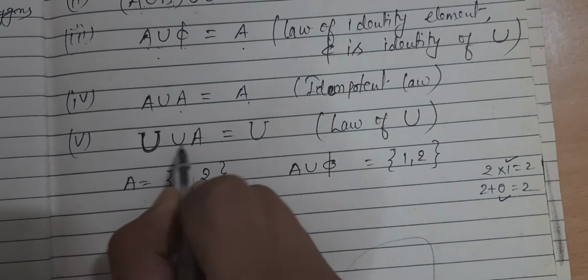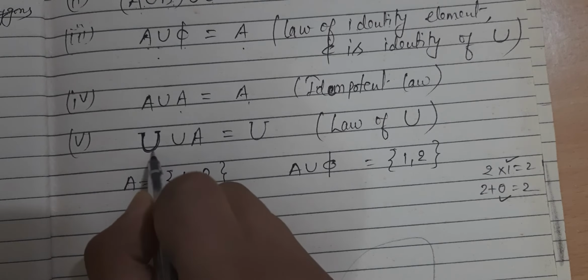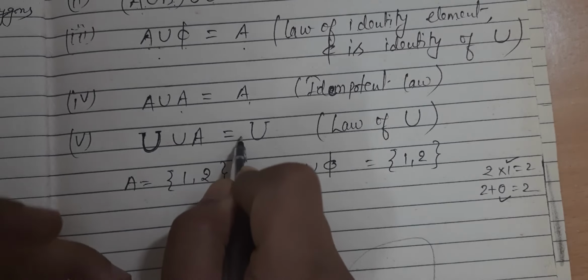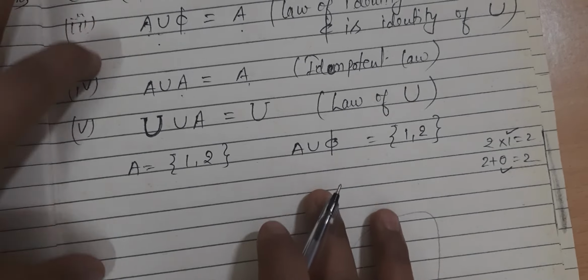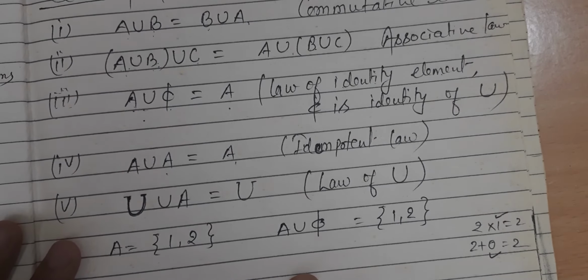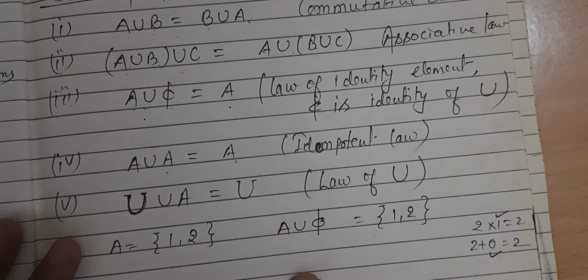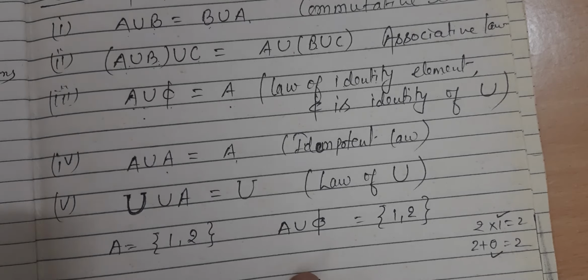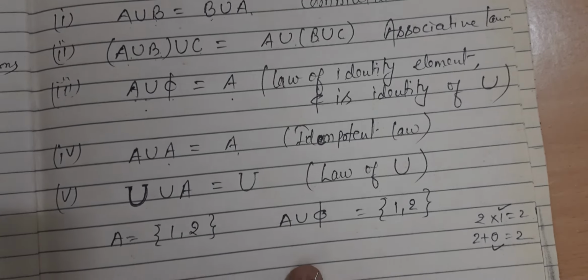So the union of the universal set with any set is the universal set only. So these are the properties of union which we will use later when we solve questions based on the operations union and intersection, difference of two sets.